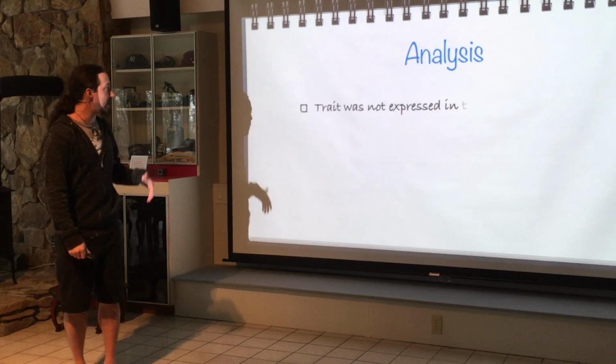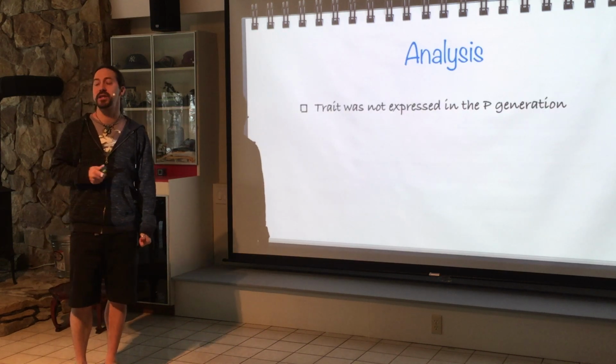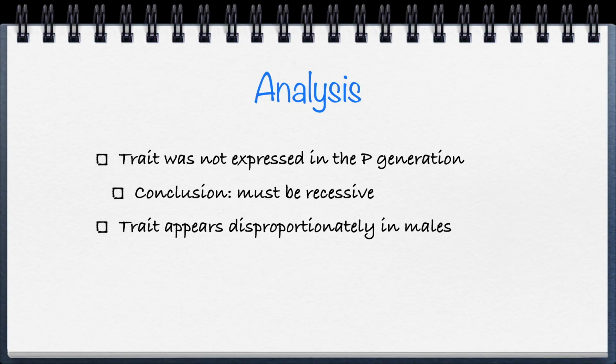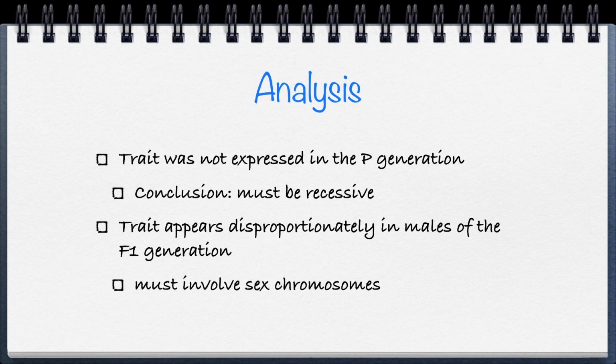As we look at this, again, the trait was not expressed in our P generation, and that tells us that it must be recessive. Also, it appeared disproportionately in males. Males showed the trait, females did not show the trait at all. So, because you ended up with the trait sometimes in males, but not in females, that told us it must have been involved on the sex chromosomes.